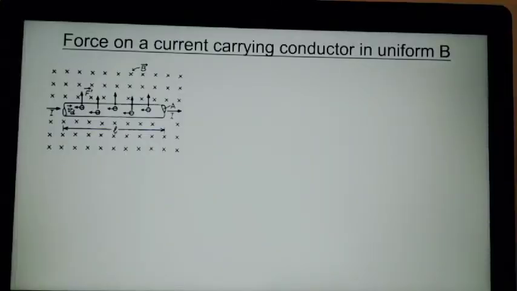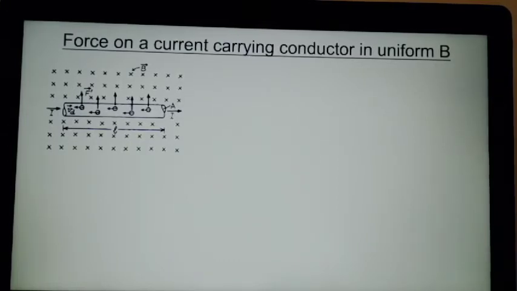See, here you have a conductor of length L with an area of cross section A placed in an external magnetic field of intensity B, and B is denoted as cross, that means it is into the plane of this board. Its direction is into the plane of this board.